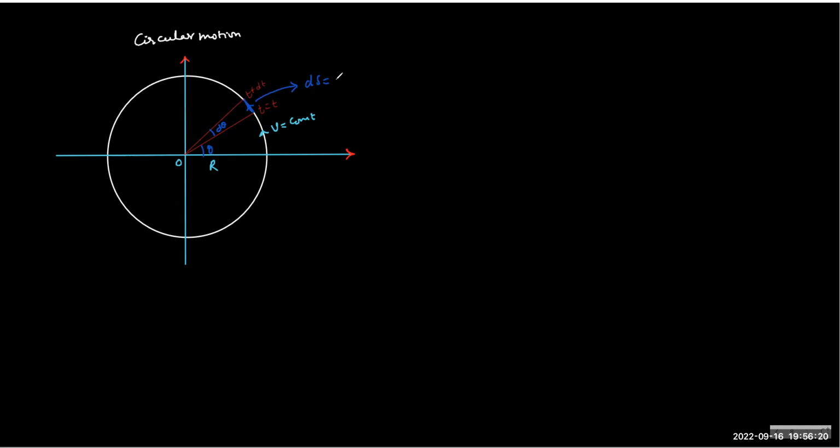ds equals, in terms of v dt, v dt. Are you guys all okay with this? Yes, sir. And therefore the theta will be how much? What is the angle?